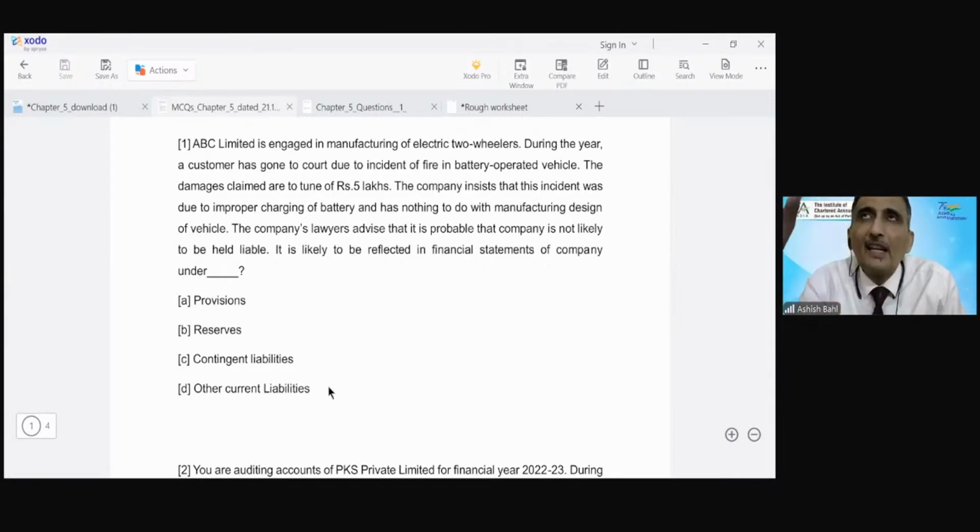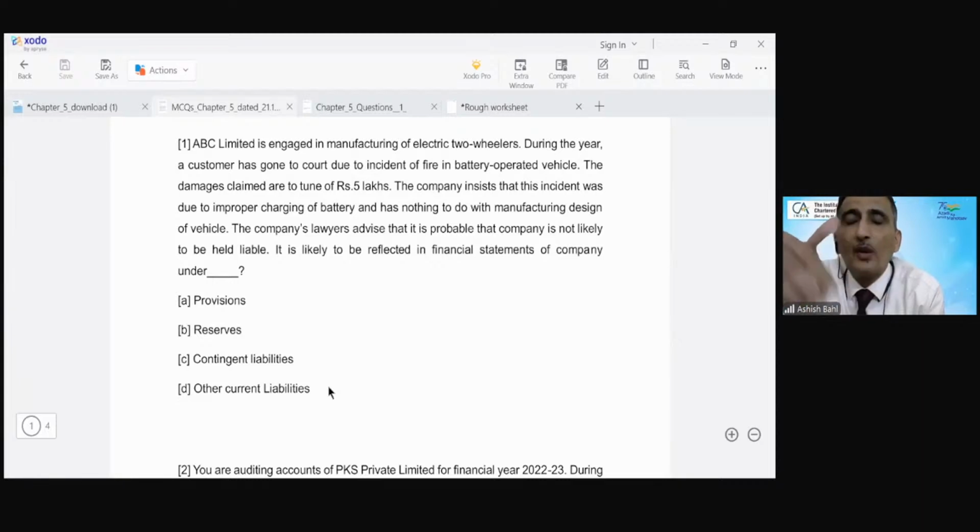So Schedule 3 contains instructions for preparation of financial statements of a company, to whom the accounting standards which you have read in your accountancy classes at intermediate level are applicable.